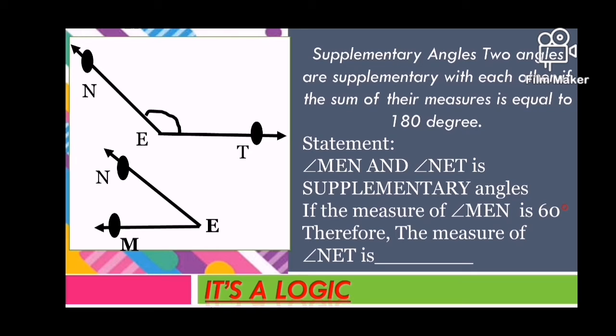If the measure of angle MEN is 60 degrees, therefore the measure of angle NET is 120 degrees. 60 plus 120 degrees is equal to 180 degrees. So therefore, angle MEN and angle NET are supplementary angles.